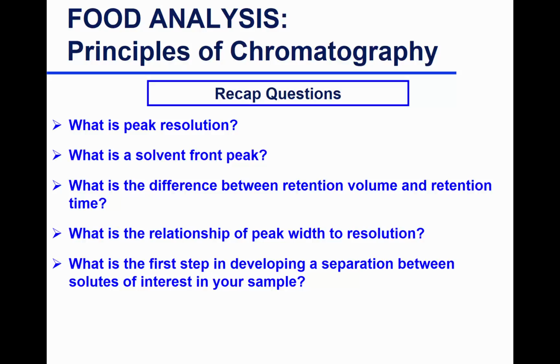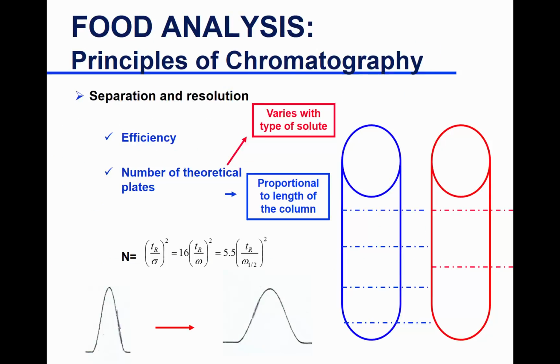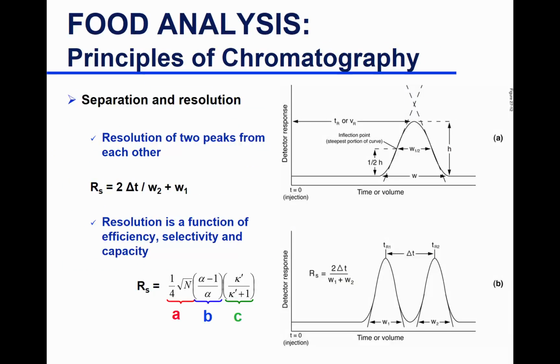So you have to adjust based on your own parameters. Okay, so we're going to continue with resolution from here. I'm going to step back just to remind you of this equation. We talked about resolution being dependent on 3 factors: efficiency, selectivity, and capacity. We're going to talk about each one individually.